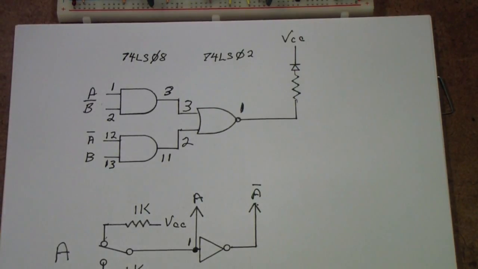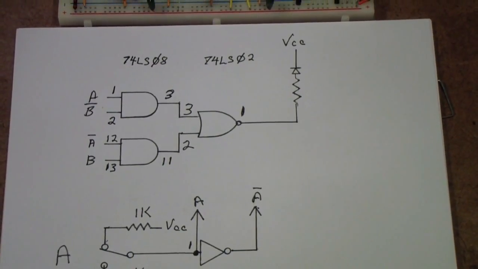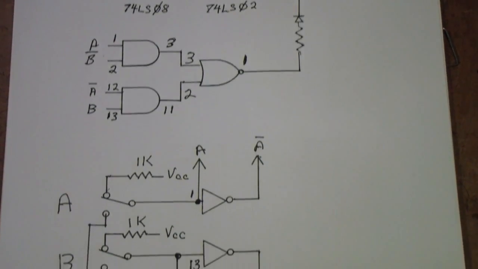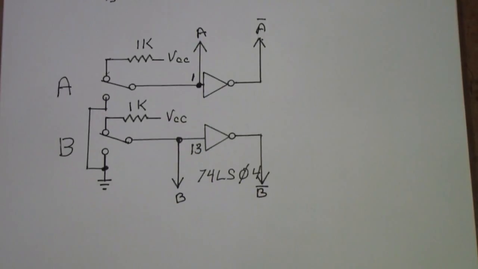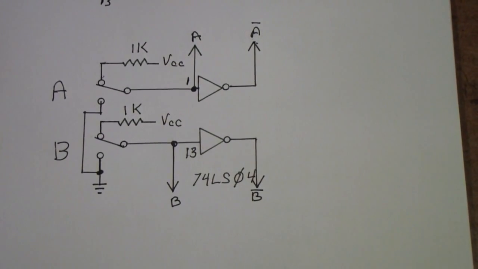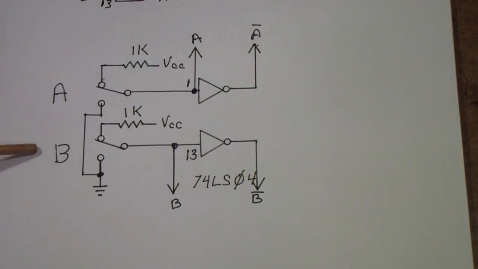So to realize this circuit, I had to also have some kind of input that I could change. So I constructed this circuit consisting of two switches, switch A and switch B, which you'll see in a minute on the breadboard.